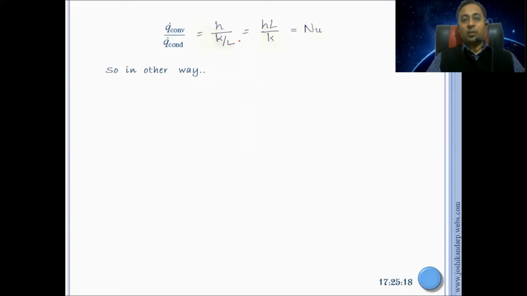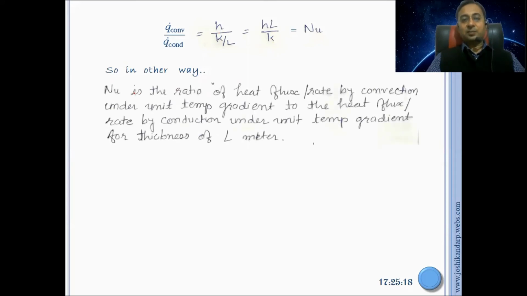So delta T is common, so we are cancelling delta T. So Nusselt number is equal to HL by K, and we can define the Nusselt number as the ratio of heat flux by the convection under the unit temperature gradient, here delta T is 1, to the heat flux by conduction under the unit temperature gradient over the thickness L.